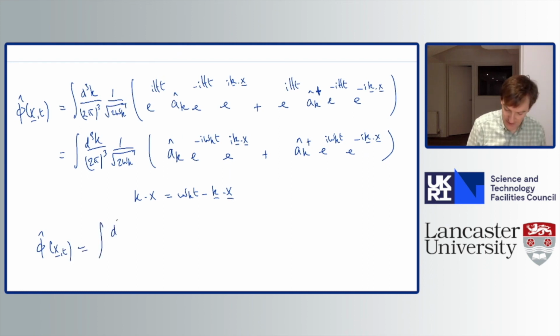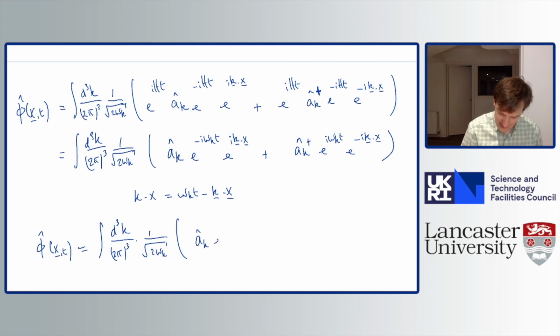Now our quantum field, which has been expanded in creation and annihilation operators, is now also a function of time. So we have a_k e^{-i k dot x}. This is not a 3-vector, this is a 4-vector combination, plus a_k dagger e^{i k dot x}.